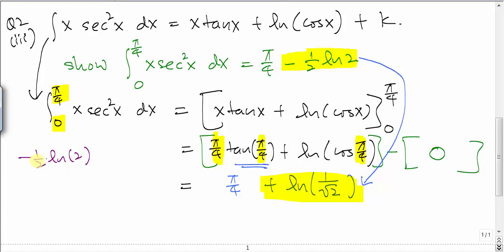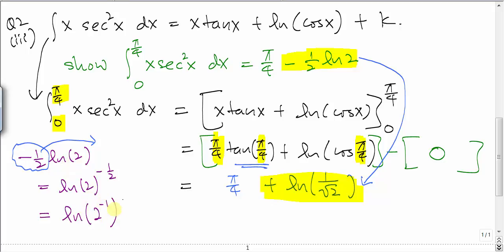Now minus half ln 2, we can simplify into ln 2 to the power of negative half. Now what I'm doing is I'm applying the law of logarithm. The law of logarithm says this number here we can bring up to the power if this is a log. And this one I can write as 2 to the power of minus 1 raised to the power of half. 2 to the power of minus 1 is a half.